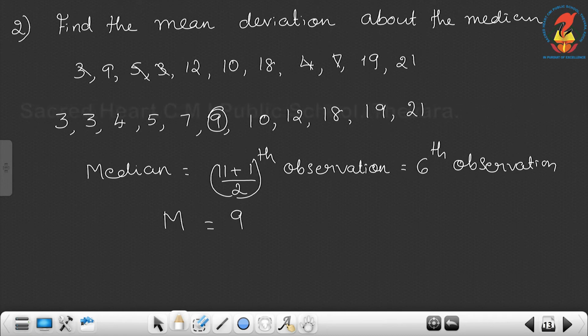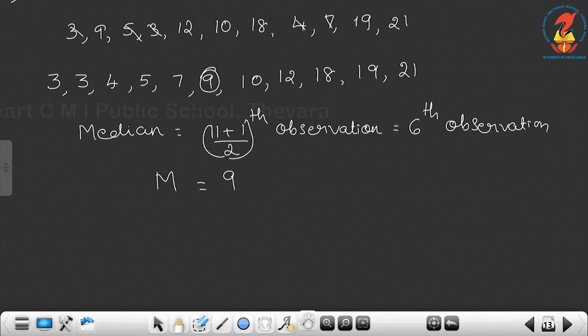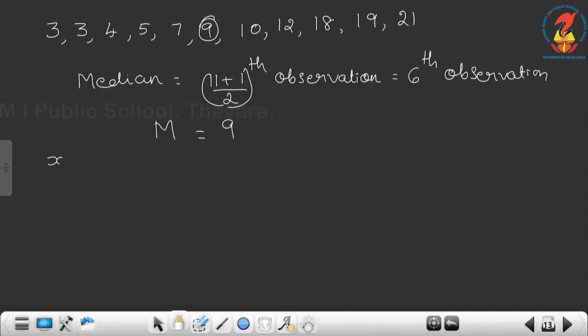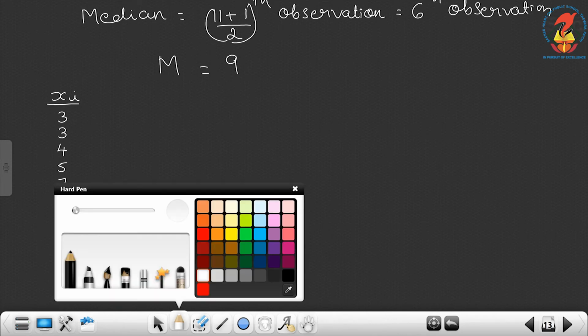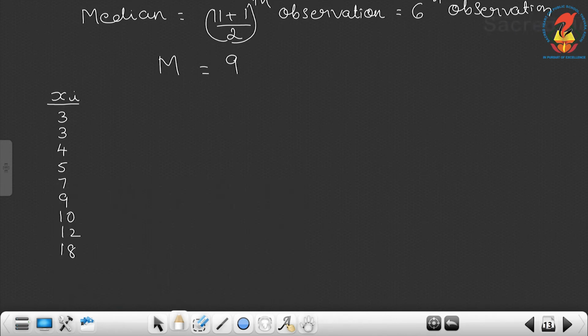Okay. Now what do we do? We have to find the deviations. So the observations are denoted as xi: 3, 3, 4, 5, 7, 9, 10, 12, 18, 19, 21. Now the next column is xi minus m.